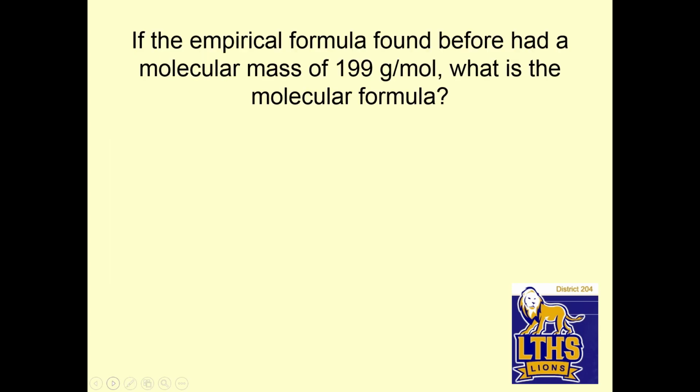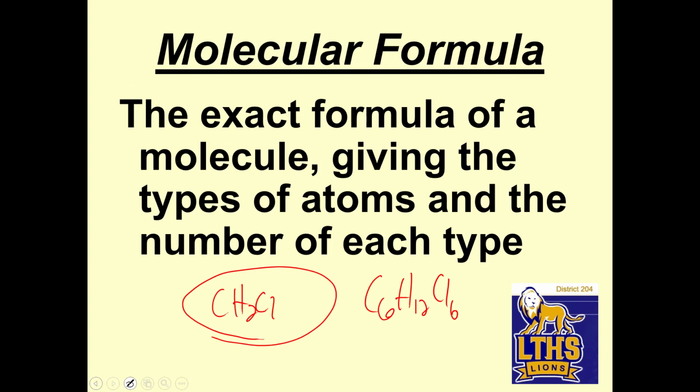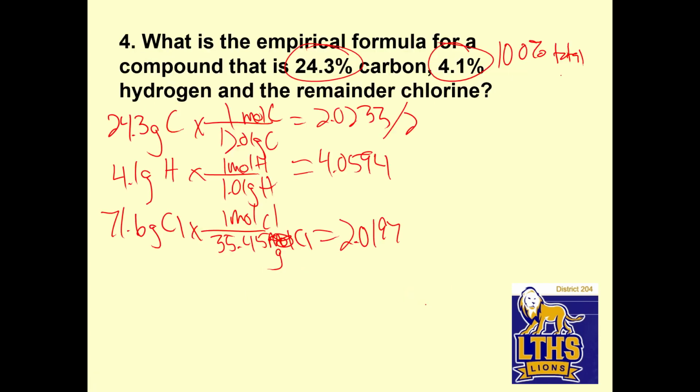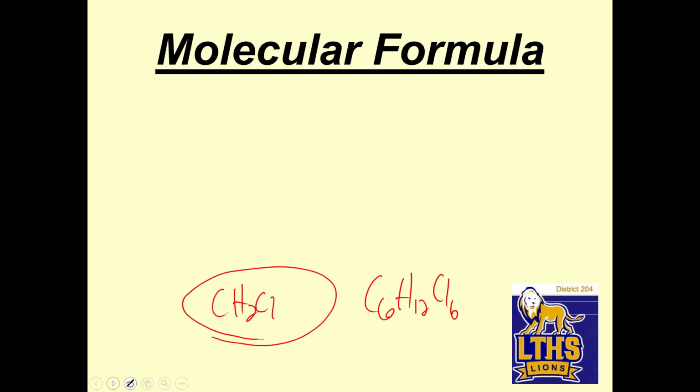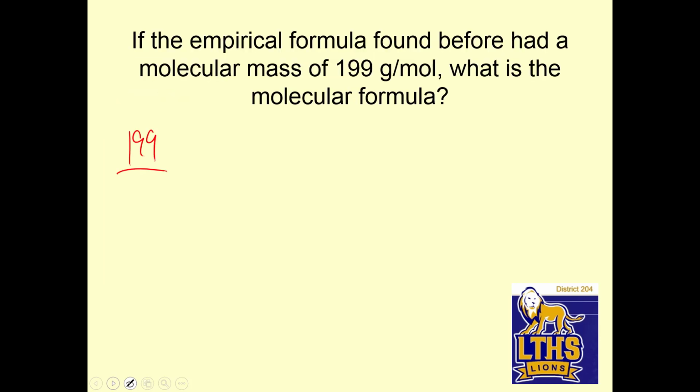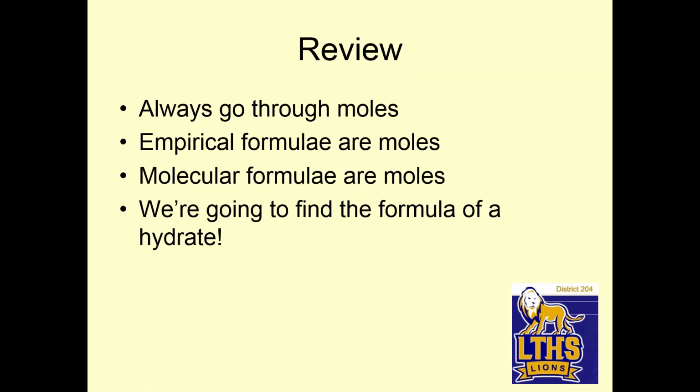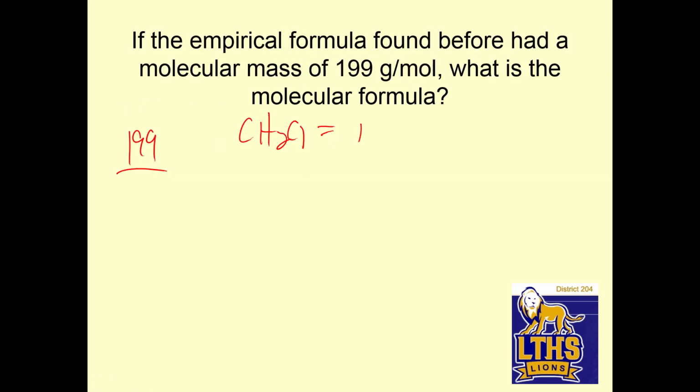The empirical formula found before had a molecular mass of 199. What is the molecular formula? So it's 199 divided by, what do we have before? CH2Cl. CH2Cl is carbon, which is 12.01, plus 2.02 with 2 hydrogens, plus 35.45.